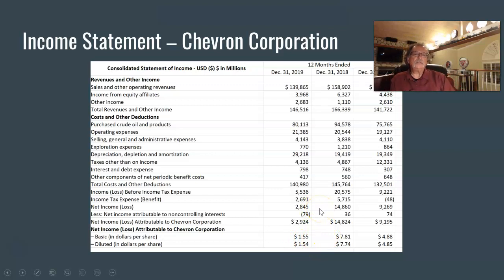That's important to you as a stockholder because theoretically you're entitled to all of that if you want. And Chevron pays out dividends. They pay it out of this amount. Now, diluted means there's options outstanding, and if all the options were exercised, this is what would have happened to the per share.